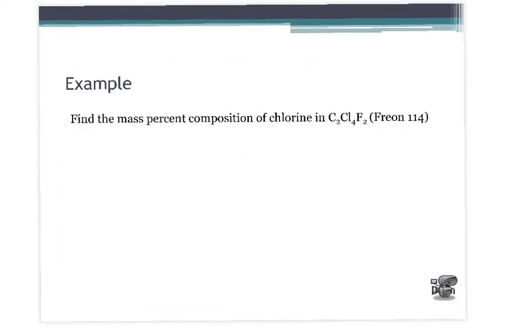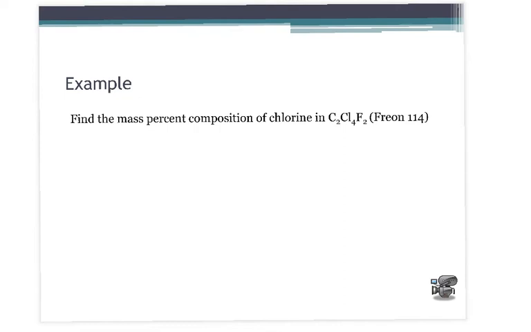We want to find the mass percent composition of chlorine in C2Cl4F2, which is known as Freon 114. These are known as CFCs, for chlorofluorocarbons, and you know them as Freon, which is a coolant or a refrigerant.